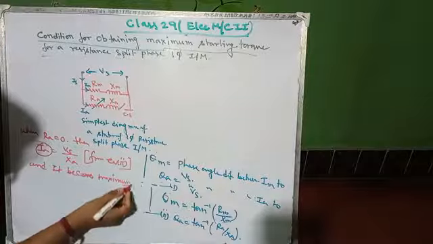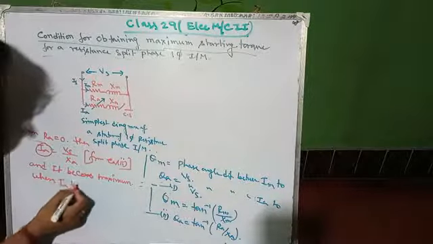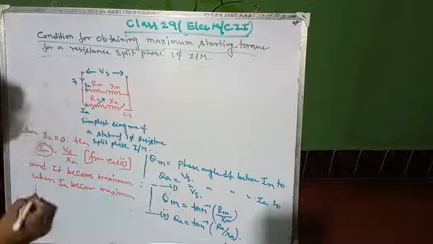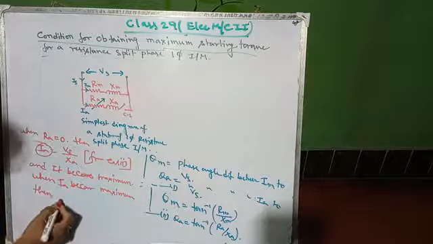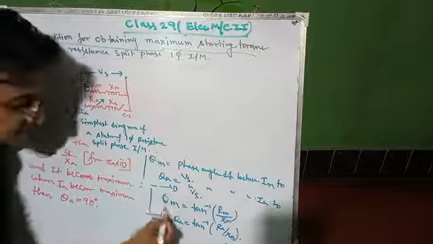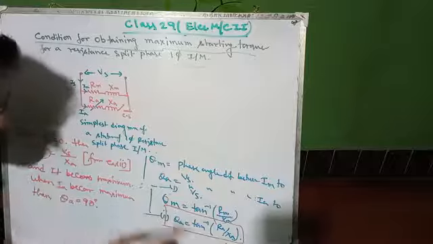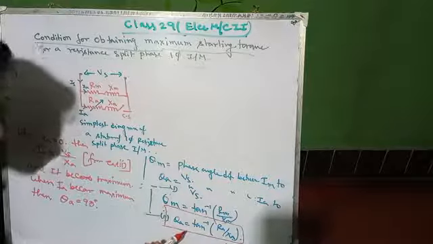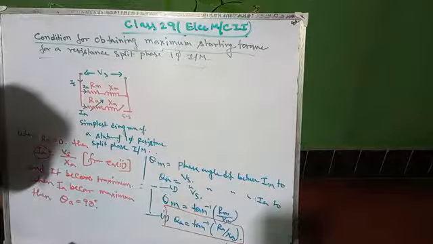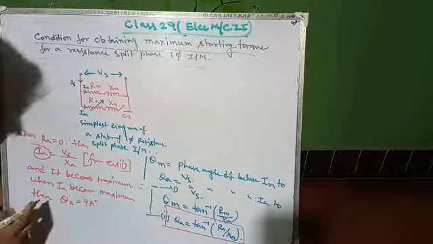And when Ia becomes maximum, theta a equals 90 degrees. Why theta a equals 90 degrees? From this relation, theta a equals tan inverse Ra by Xa, when Ra equals 0, theta a equals 90 degrees. Ia will lag behind the voltage by 90 degrees.